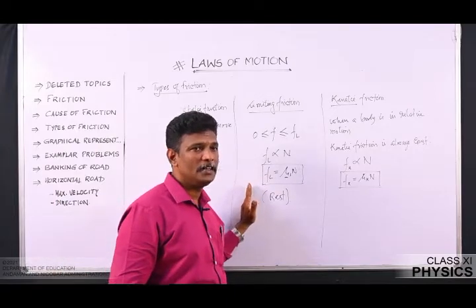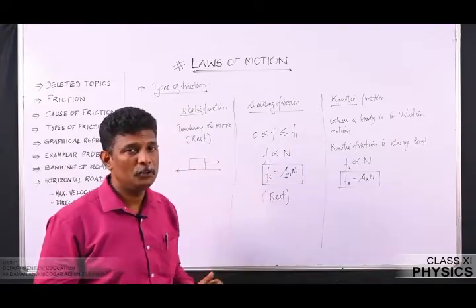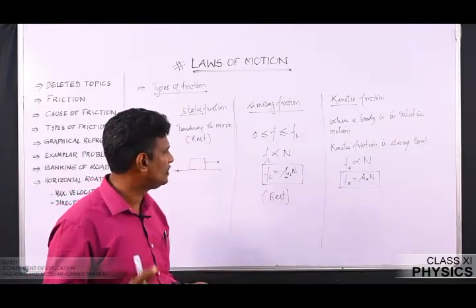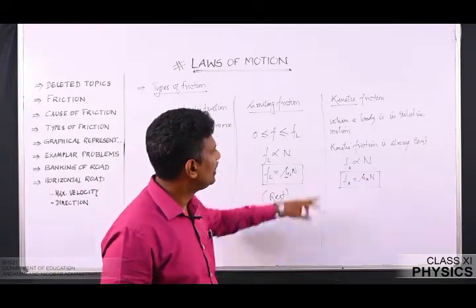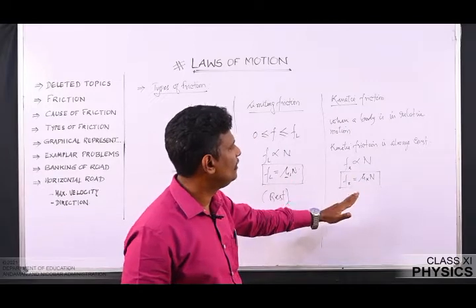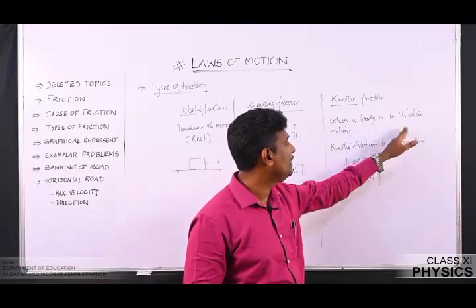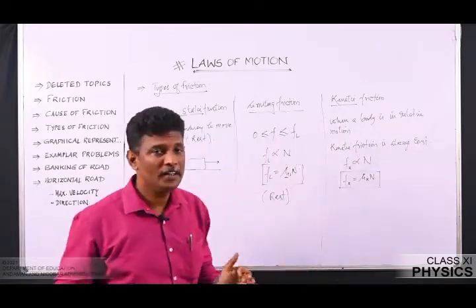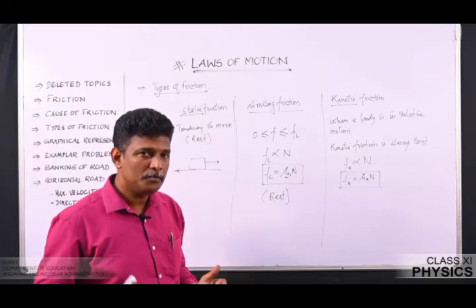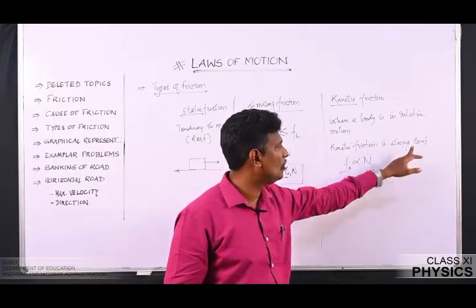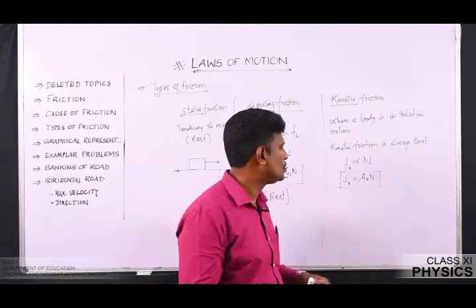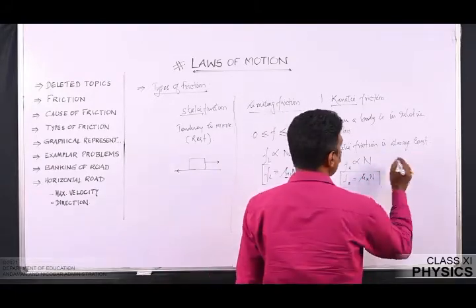Limiting friction is the limit up to which a body can withhold the applied force, but in this case also the body is at rest. In kinetic friction, the case is different. When a body is in relative motion, the force which comes into play is called kinetic friction, which is constant always throughout the motion.